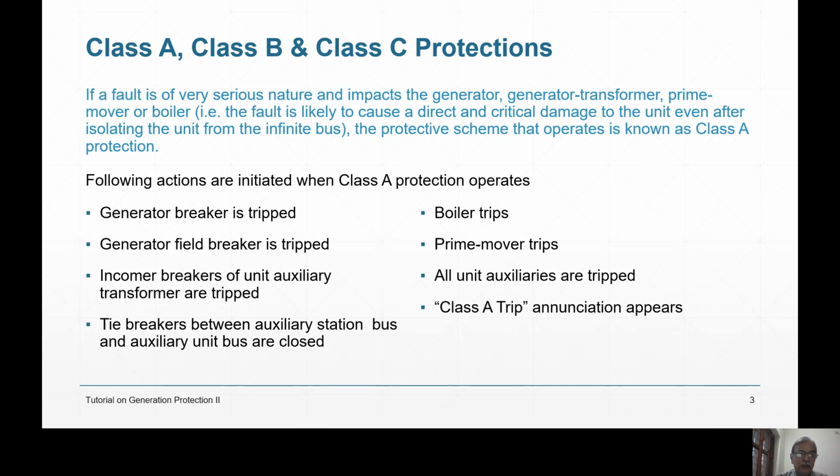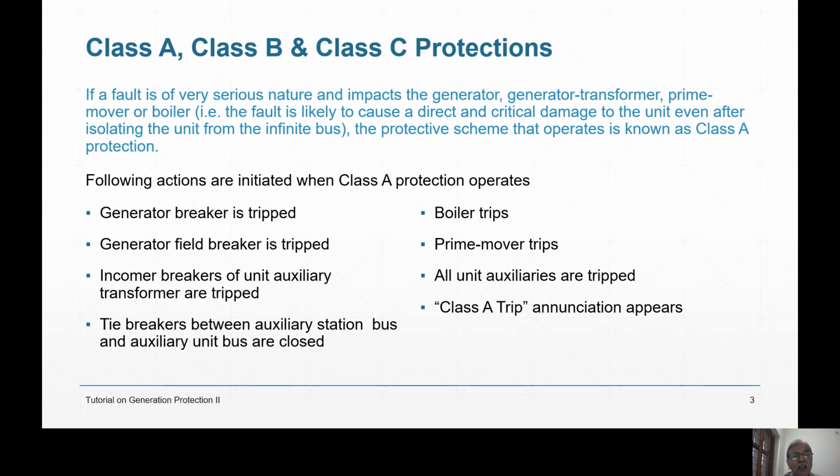So if it trips, it takes 7 hours to start if the boiler is in completely cold condition. Otherwise also it cannot start within 10 minutes or 5 minutes. So you have to divide these protections into different classes.